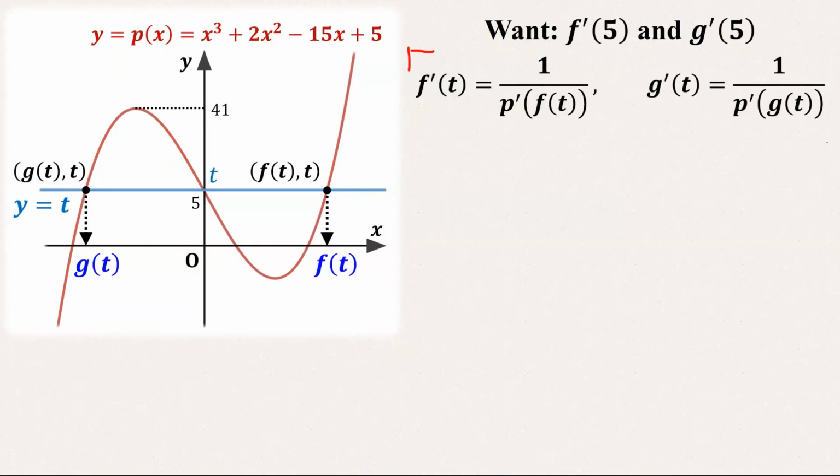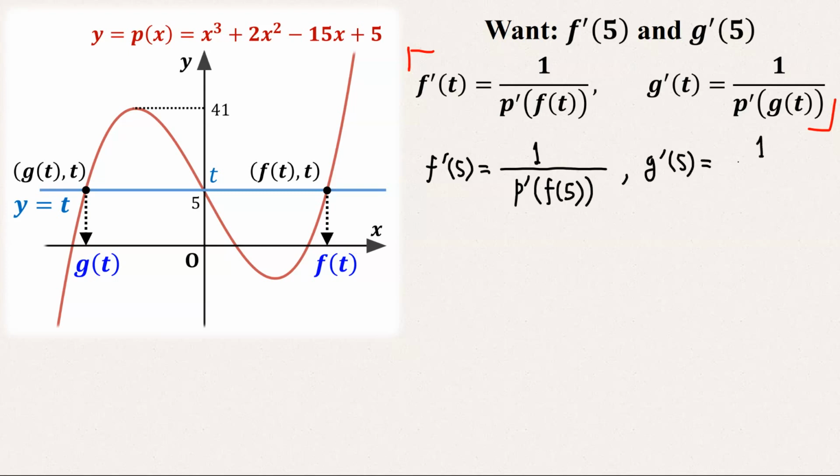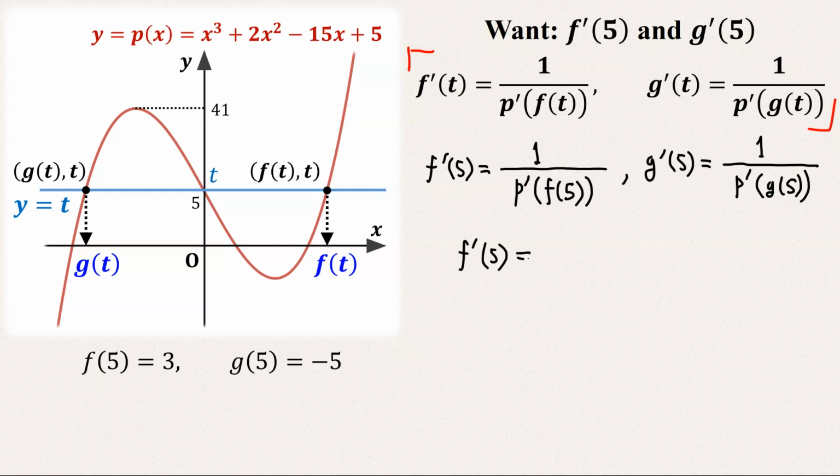So using these, we know that f prime 5 equals 1 over p prime f(5), and g prime 5 equals 1 over p prime g(5). And we've already found the values of f(5) and g(5) using the given cubic function. So we have f prime 5 equals 1 over p prime 3, and g prime 5 equals 1 over p prime minus 5.